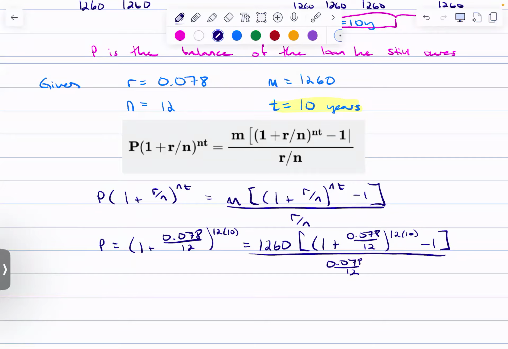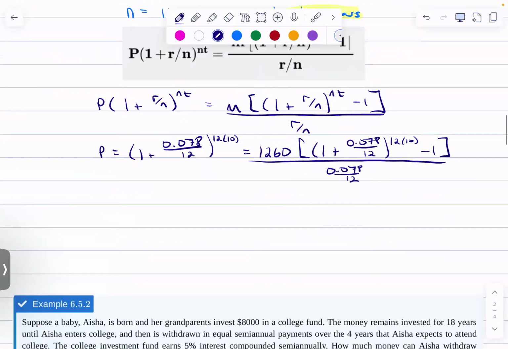Let's see if 0.078 divided by 12 is anything nice. I doubt it. Oh, not bad. That's nice.